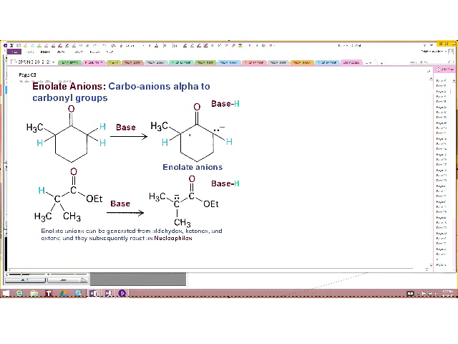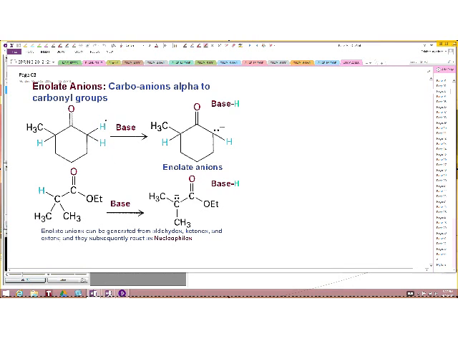So now the question is, what are Enolate anions? As you can see on this slide, Enolate anions are carbon anions of those carbons that are next to a carbonyl group, a carbon-oxygen functional group.